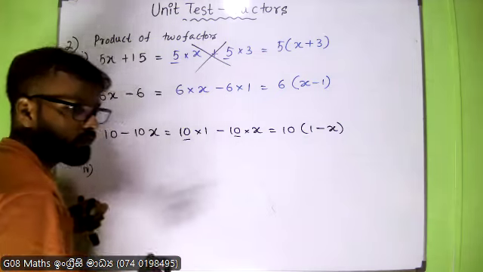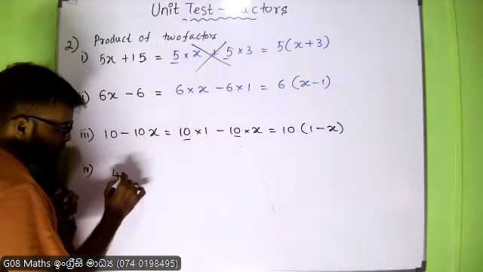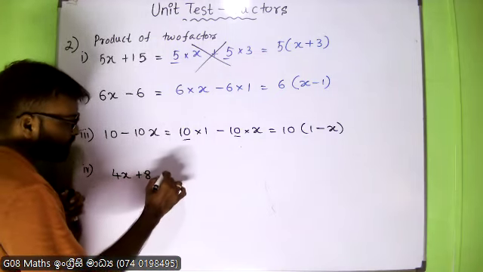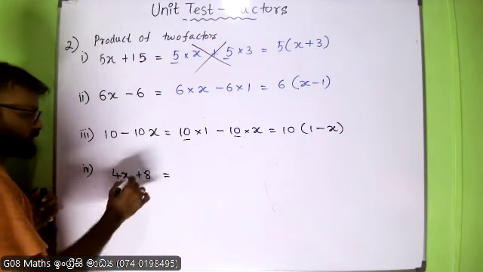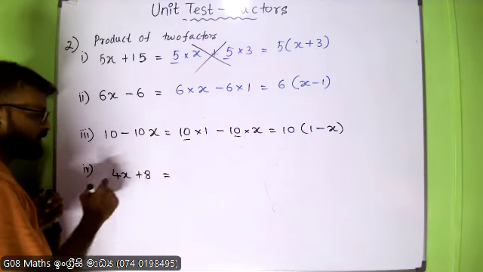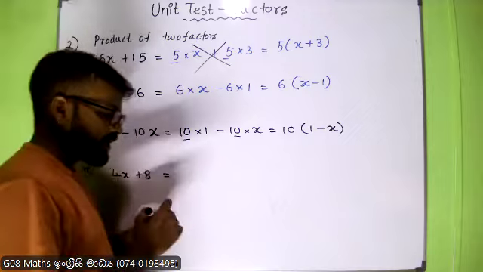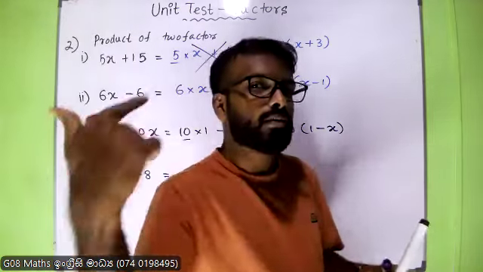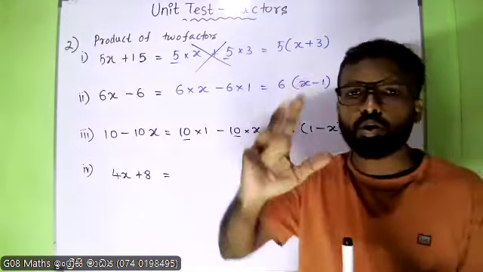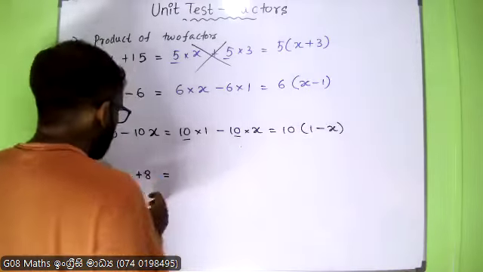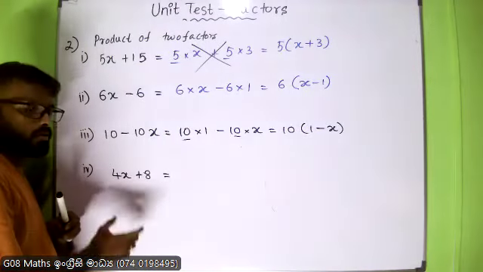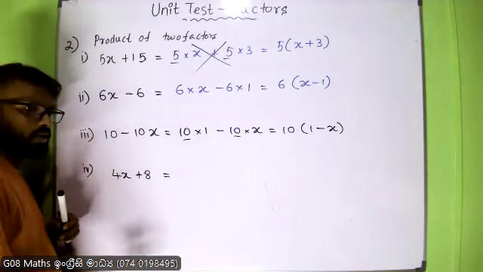Fourth one, 4x plus 8. I can write this as 4 times x plus 4 times 2, which is 8. But I am not going to do that. I will take 4 out at once.